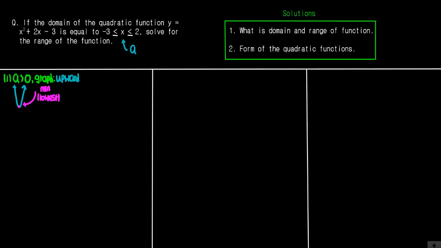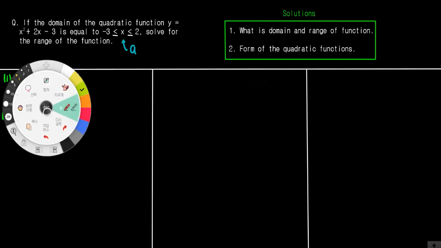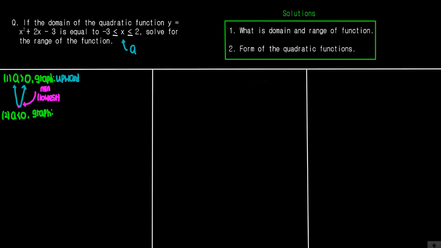The second case in our quadratic function is the case where our a value is negative. When it is negative, the graph of our quadratic function will open or go downward, unlike the first one.